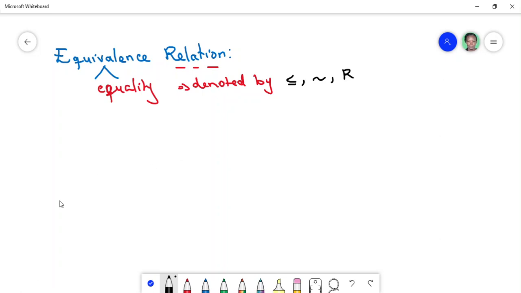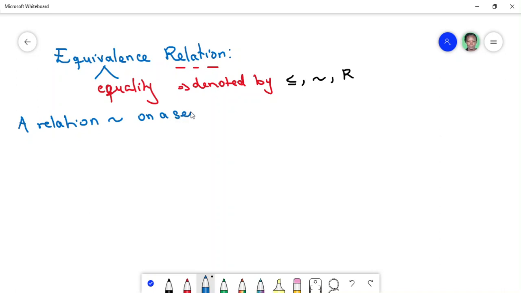So I can define the equivalence relation. It's a relation, let's say I'm using this on a set.